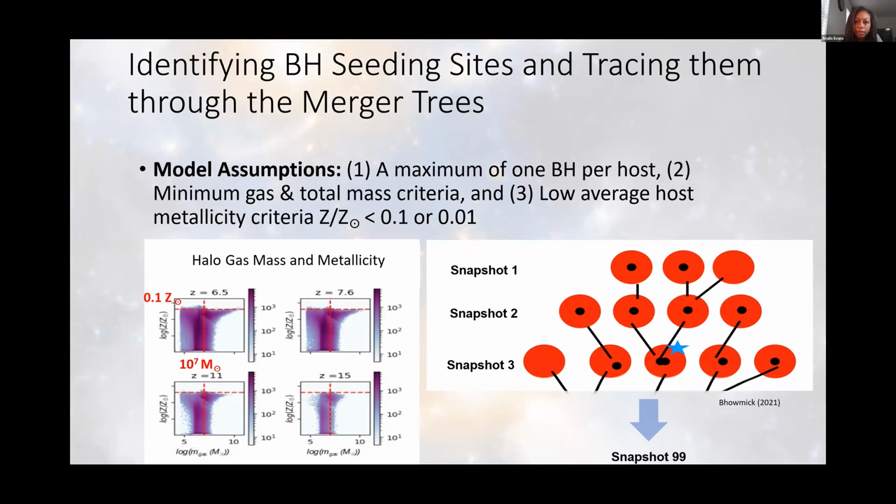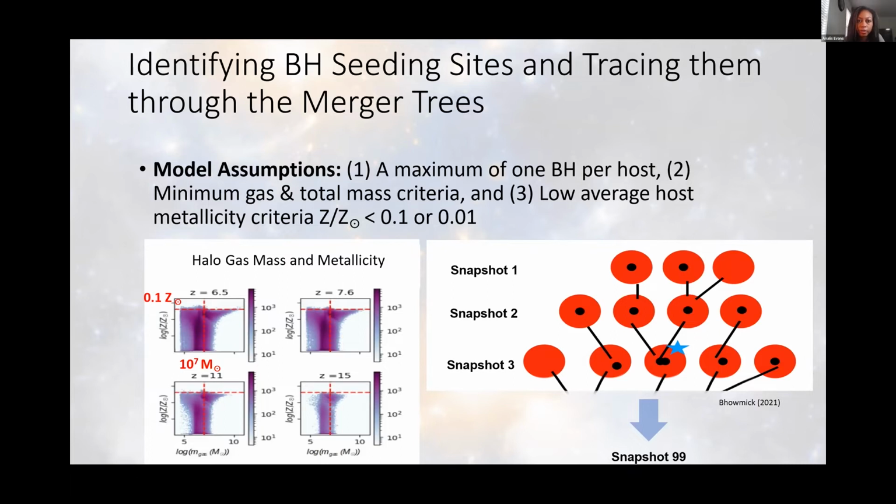The first being a maximum of 1 black hole per host. As you can see on the diagram on the right, that allows us to only count one black hole when a merger event happens, like in this blue star case on snapshot 3, and we do the count up to z=0.